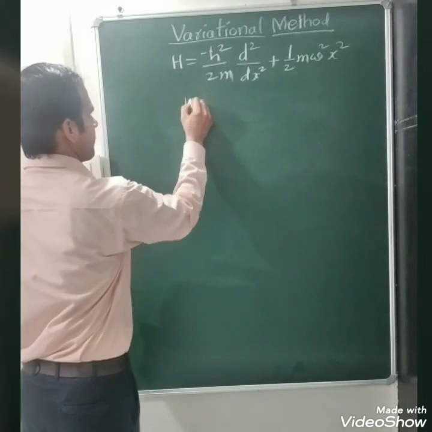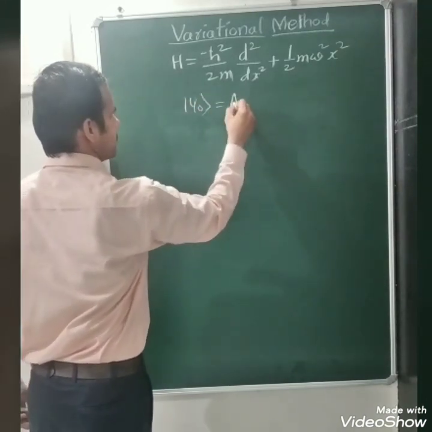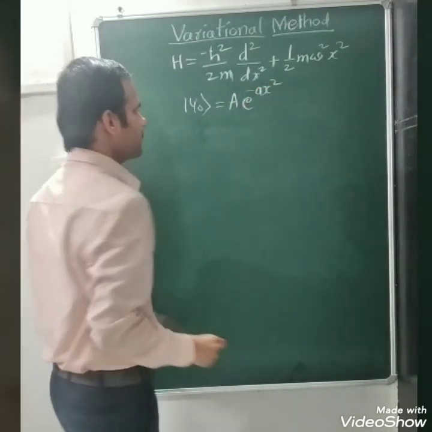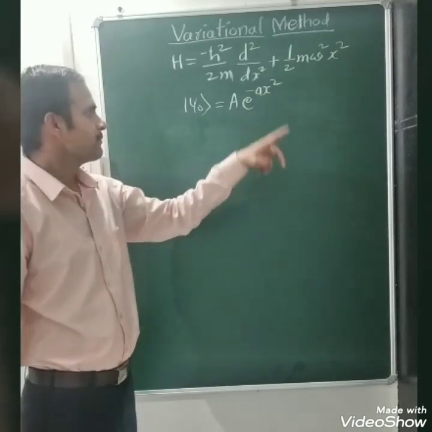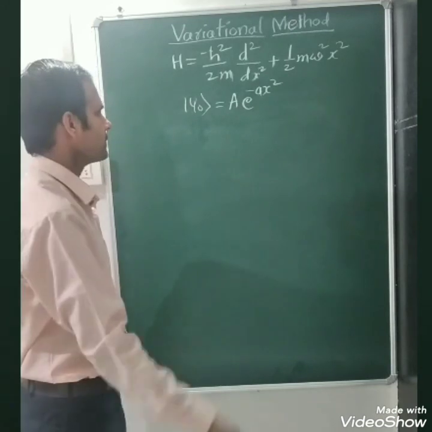Here psi 0 is A e raised to minus a x square, where a is the varying parameter, and this is our trial wave function.